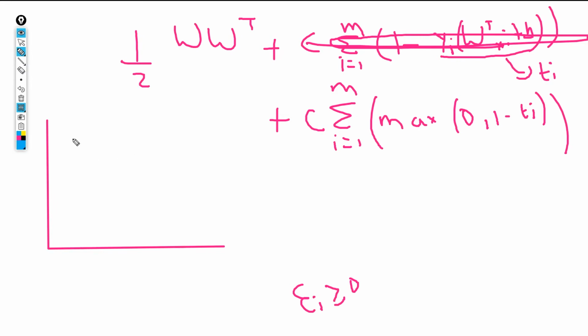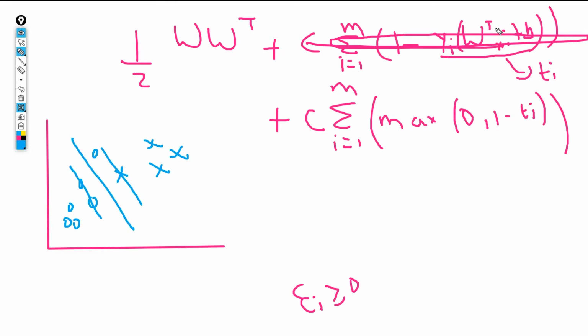As we said, we have these support vectors like this, and let's suppose on this side we have circles, this side we have x, x, x, and we have this outlier here. What we are saying is that the error should either be 0 or the value of this, let's say ti.